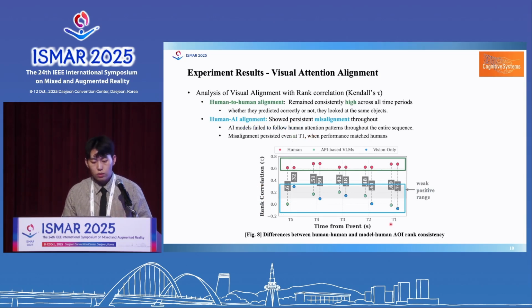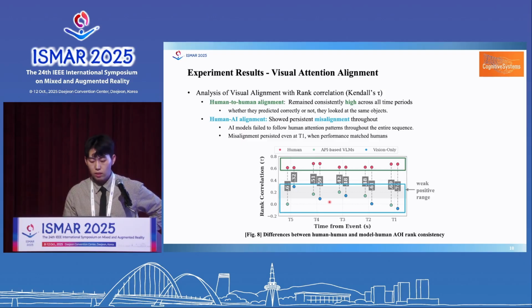Next, we examine this finding through correlation. Look at the figure below. The x-axis is also time, and the y-axis is the correlation. The red is the humans, and the blue and green are the AI. Previously, we saw that both human and AI accuracy improved over time.